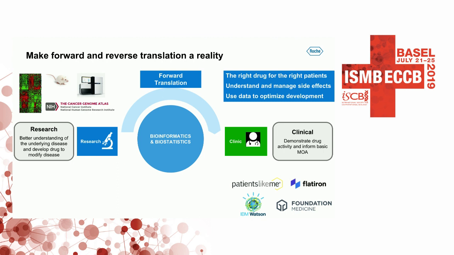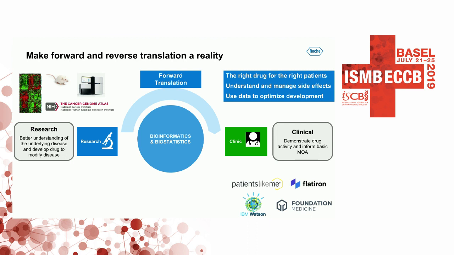Now, what we see in the last couple of years is there's a huge growth in the availability of clinical data. And the source for that is twofold. First of all, we as Roche also in our clinical trials generate much more high-dimensional data. We do a lot of RNA sequencing on the patients. We do a lot of genome sequencing on the patients. We measure many other additional types of things depending on the study. And there's a lot of other data, like you might have heard about Flatiron, which is a company doing electronic health records.